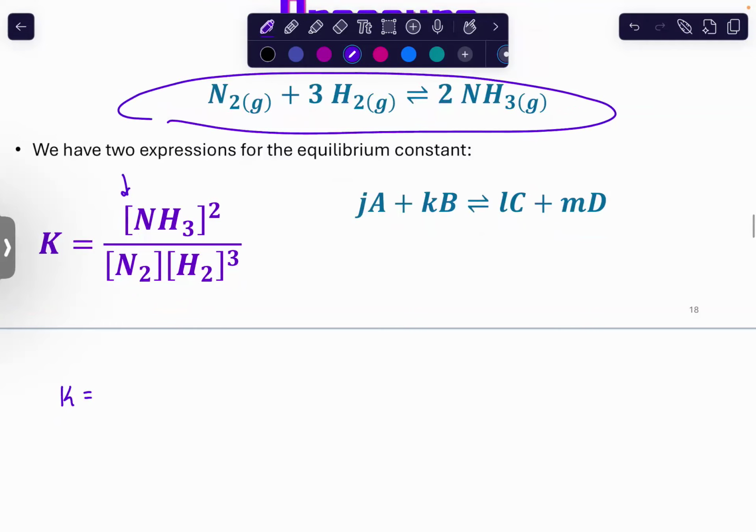It's still going to be products over reactants, only now you're using the partial pressures of all the gases in the system.